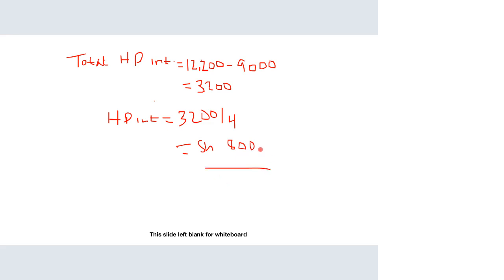So this is the interest that will be paid for every year. Any question in the straight line method of calculating hire purchase interest? Okay. Then we can move on to the next method.